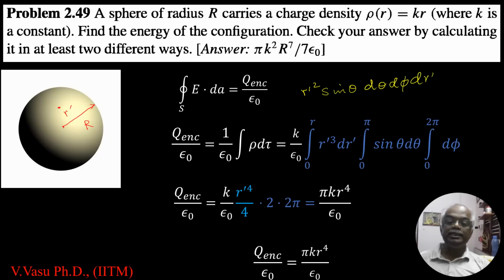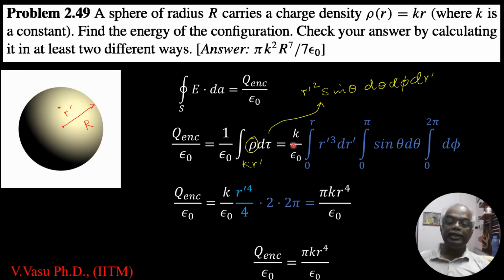So this is the triple integral. What is rho? In our case, we have taken that point as r prime, so this is k r prime.